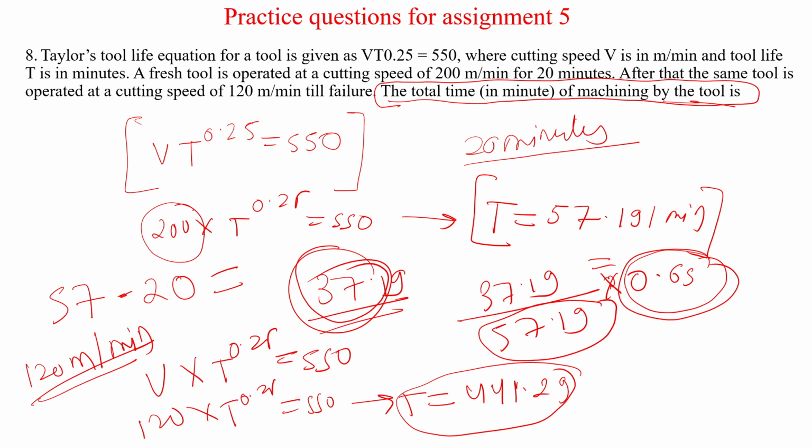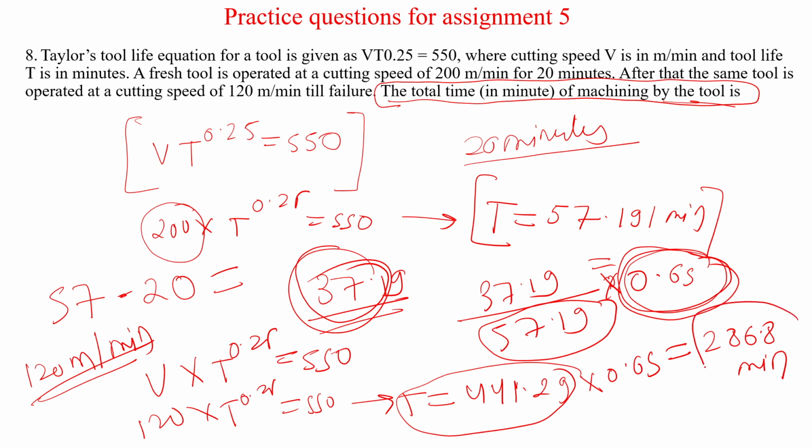But actually only this fraction of tool life is left. So you need to multiply this by this to get the actual tool life, because this gives the tool life from the start, but you have already used the tool for 20 minutes at 200 meter per minute. Therefore you should multiply this by 0.65 to get the actual tool time, which comes to around 286.8 minutes.